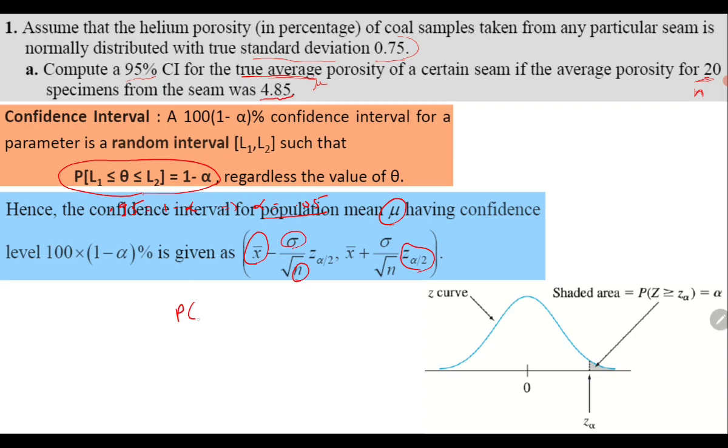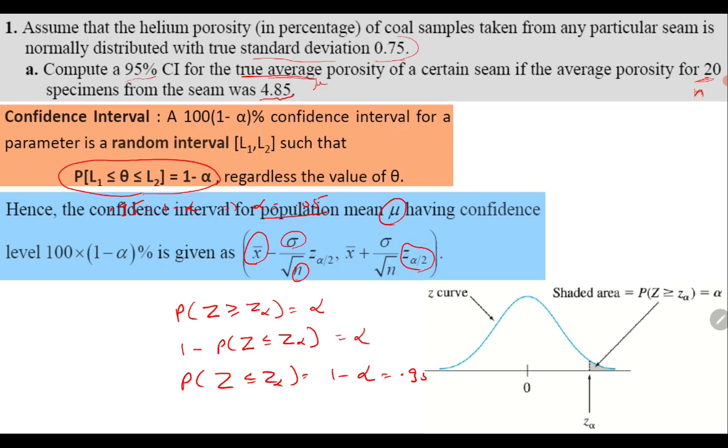What is given is the probability of capital Z greater than or equal to z alpha is equal to alpha. So I can say that 1 minus the probability of capital Z less than or equal to z alpha is equal to alpha, or the probability of capital Z less than or equal to z alpha is 1 minus alpha, which is 0.95.